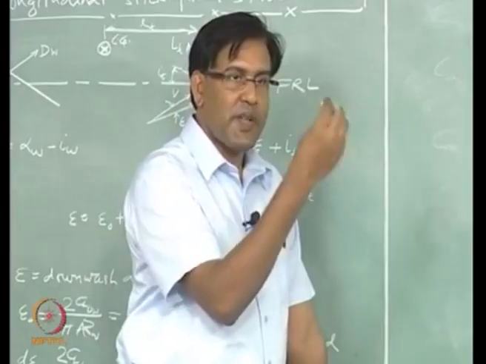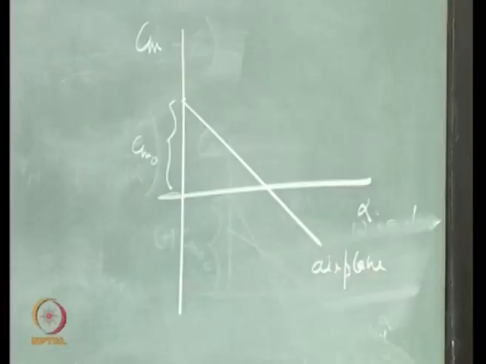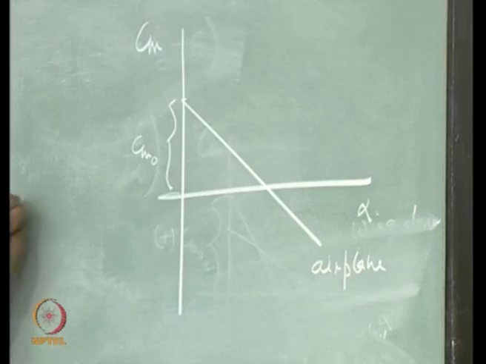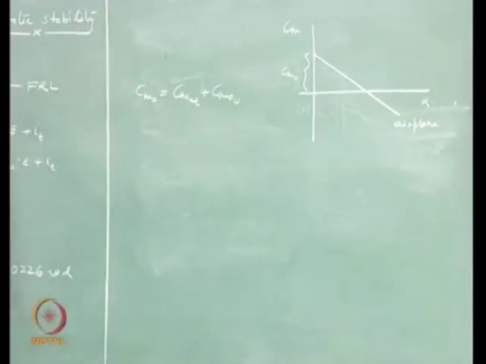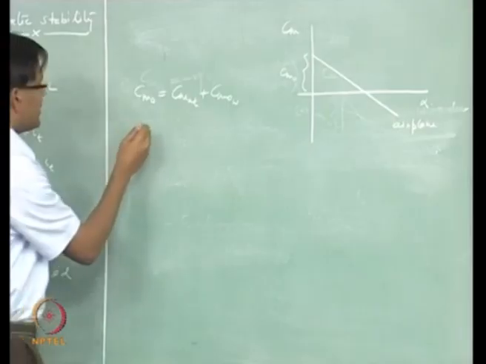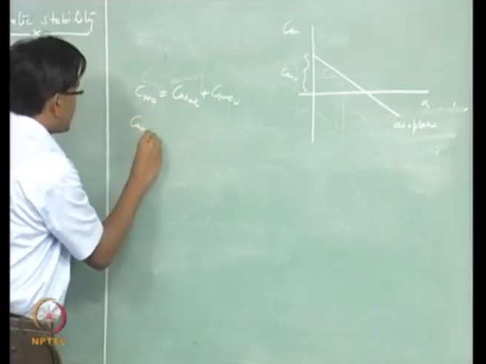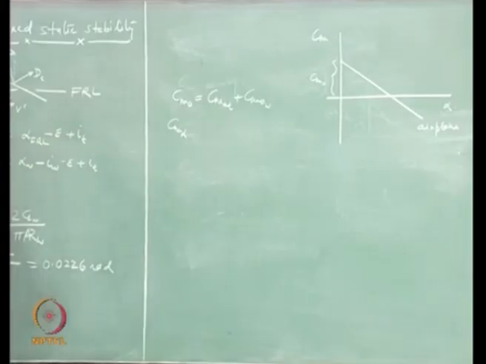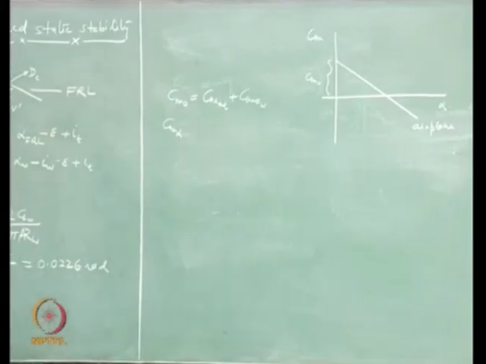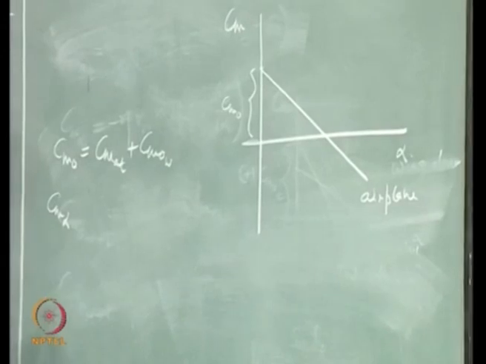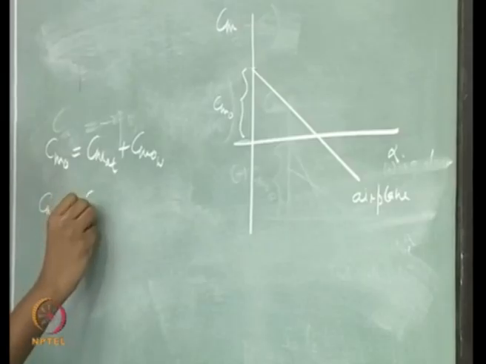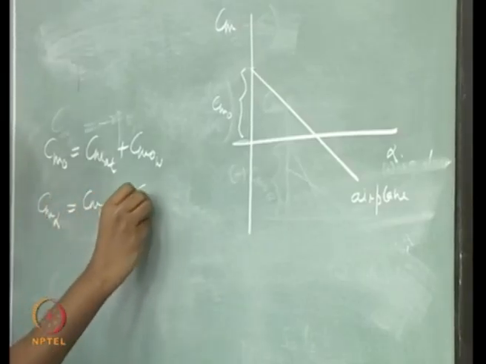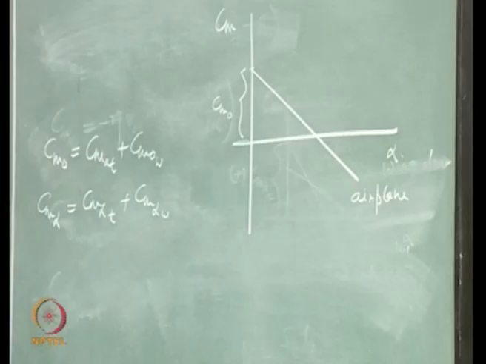So let us write down the expression for C_m naught again. This is C_m naught due to tail plus C_m naught due to wing, right, and C_m alpha. We are still talking about the wing and tail combination, okay. C_m alpha is C_m alpha tail plus C_m alpha wing, right.